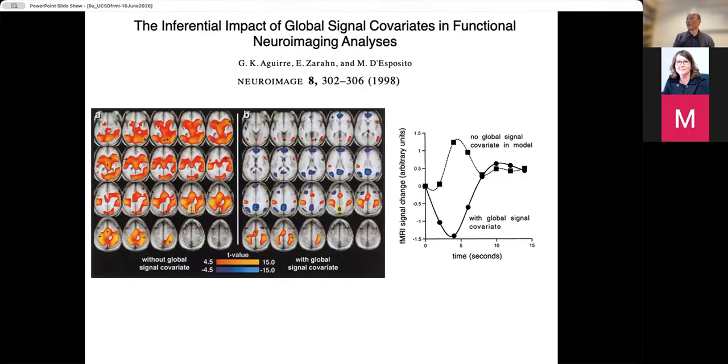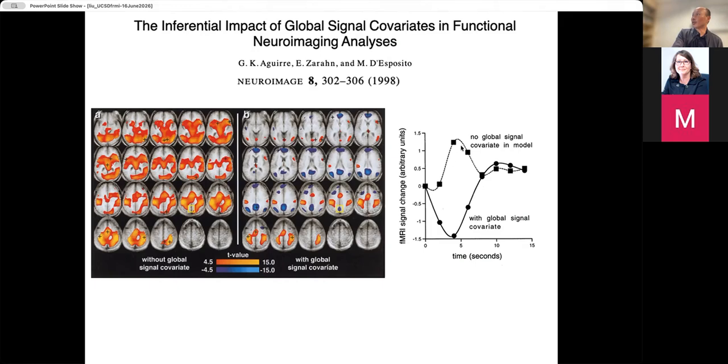Global signal regression was first done in the early days of fMRI for task-based studies, and it was immediately decided that we should not do this. One of the reasons, from an early paper from the group at University of Pennsylvania, is that without global signal regression you might get this as your activation map, and with global signal regression you'd get this as your activation map.